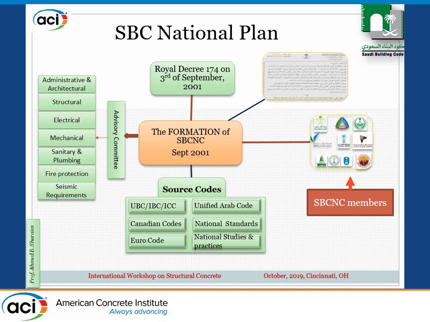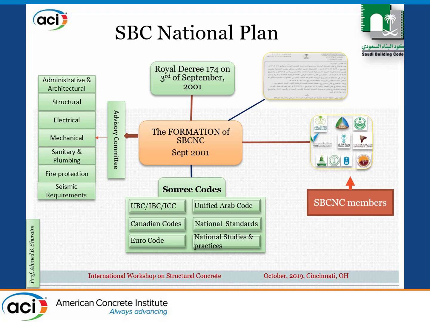It gave us an almost open suggestion: you could follow, at that time, UBC, which was still active, or IBC, ICC, Canadian Code, Euro Code, Unified Arab Code. So the decree wasn't really specific on anything.